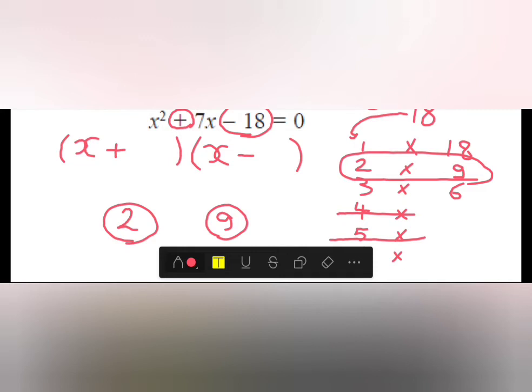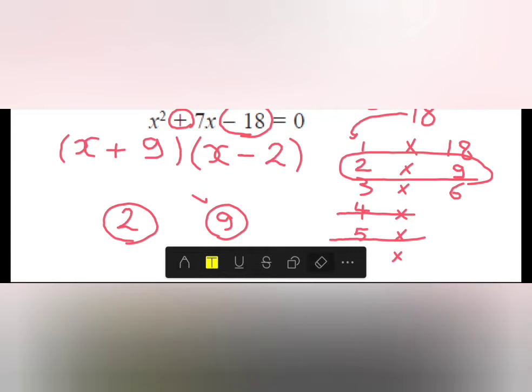When you subtract two numbers from each other, you will take the sign of the bigger number. So the positive must be the sign of the bigger number. Which one is the bigger one? Is it 9 or 2? Very good. It's 9. So I'm going to put 9 in that place of the positive sign. So 9 is here and 2 is here.